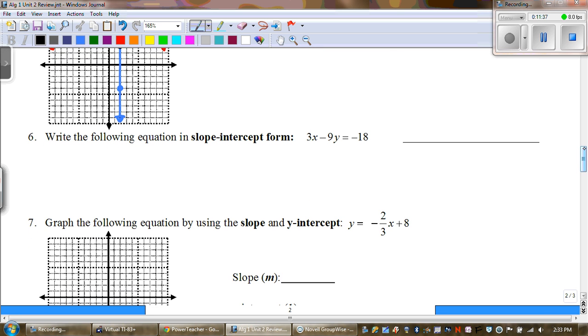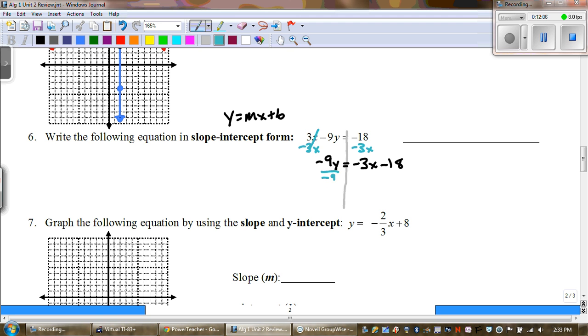Write the following equation in slope-intercept form. Remember that that is y equals mx plus b. Okay, I need to solve, so I'm going to subtract 3x from both sides. And I get -9y equals -3x minus 18.